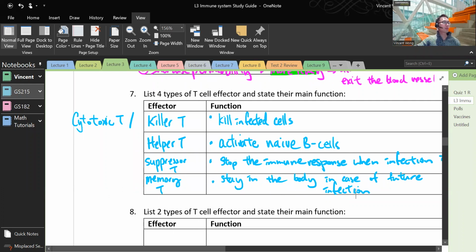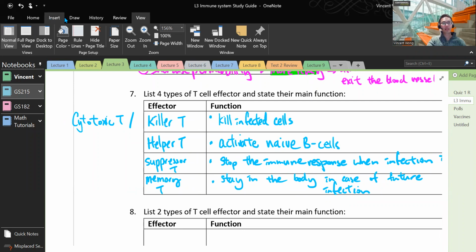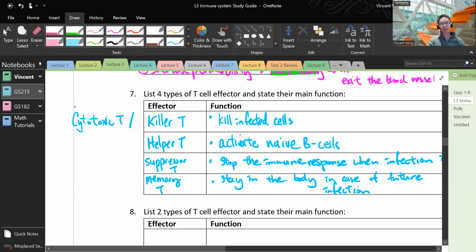And just to reiterate, because there's so many things going on here. All these cells are a result of activating a naive T cell, right? So there's a naive T cell. I think it's French, right? Sometimes they have this double I or something, but it doesn't really matter. So the naive T cell is going to become these cells.